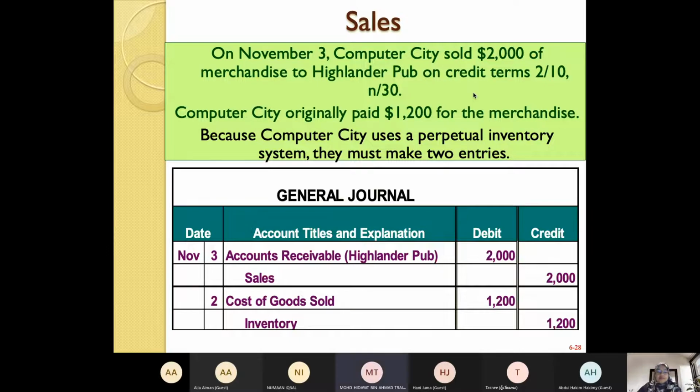Okay, why is the date different, Doctor? Because the sale is on 3rd November, right? So the original paid at the journal 2nd November. Oh, 2nd November. All right. It should be 3rd November also.